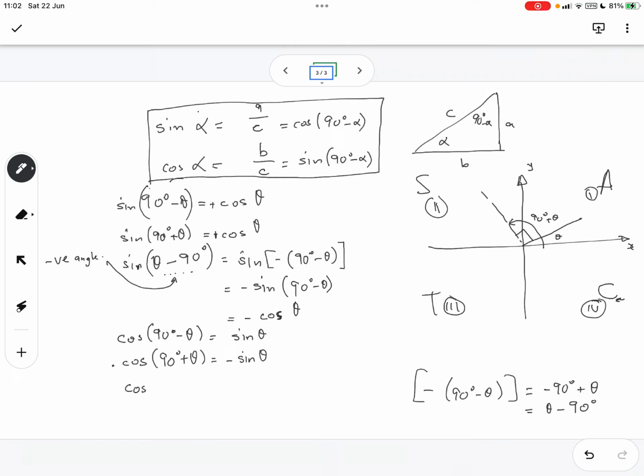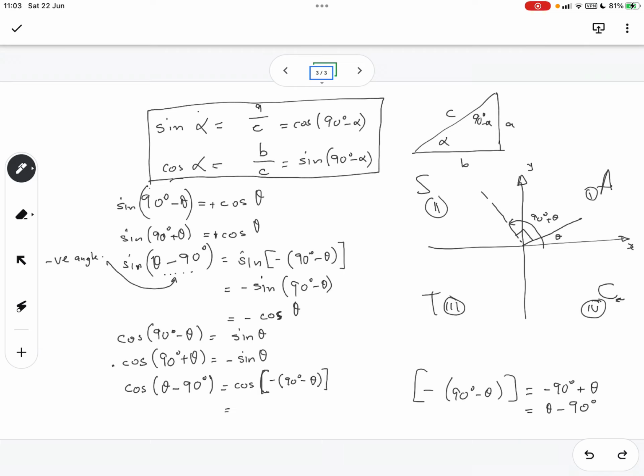And if we deal with a negative angle, the cos of theta minus 90 degrees is going to be the cos of negative into 90 degrees minus theta.